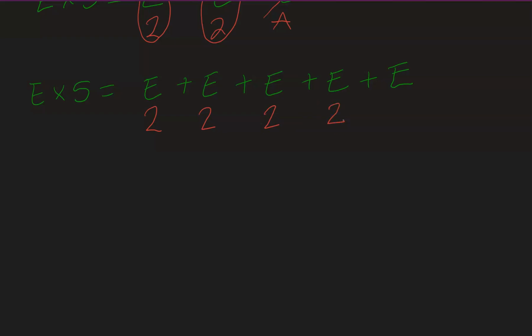Okay, so what is left once you take it from here? Remember, E is like 14, and take away 2, 4, 6, 8, you are going to have 6 left.